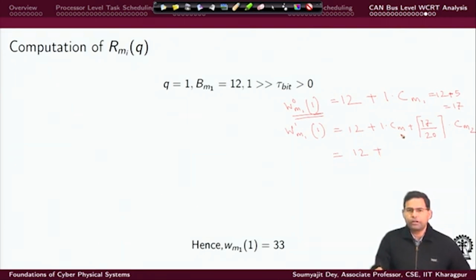So the transmission time for this message is 5, and for M2 that is 8, right?